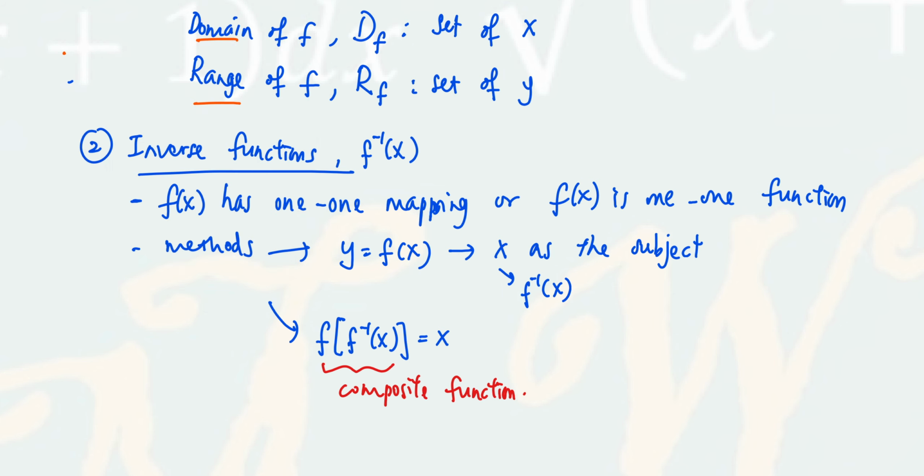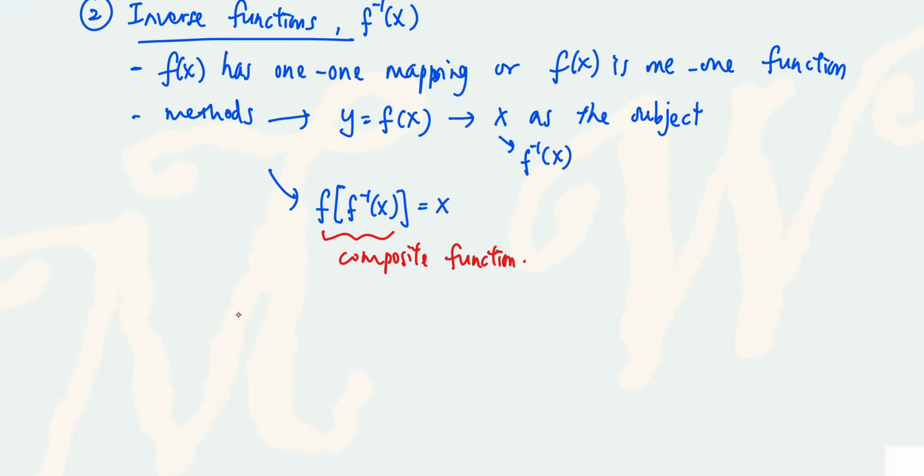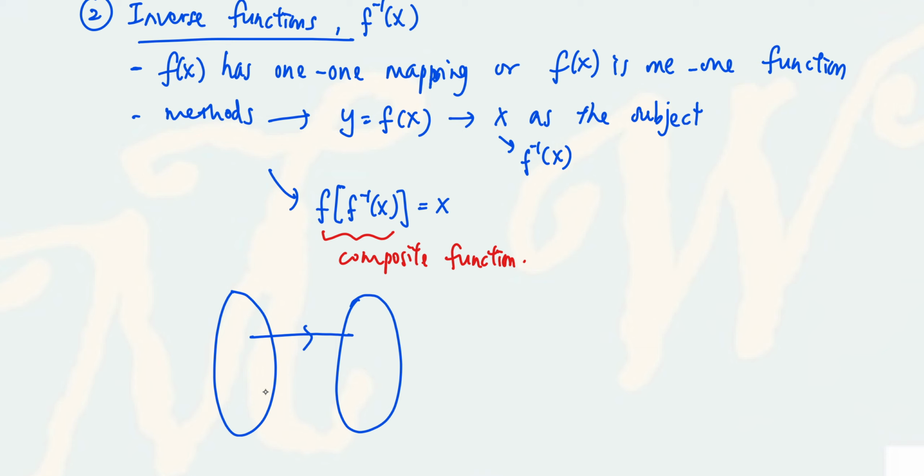From the inverse function, we have important parts. We know that for the mapping, f inverse exists when f(x) has a one-to-one mapping. One-to-one mapping means one x maps to one y. Let's say this is the f. We always map the x to the y.